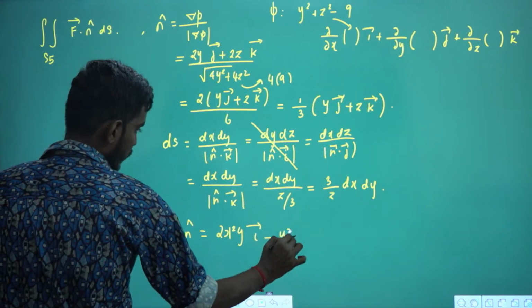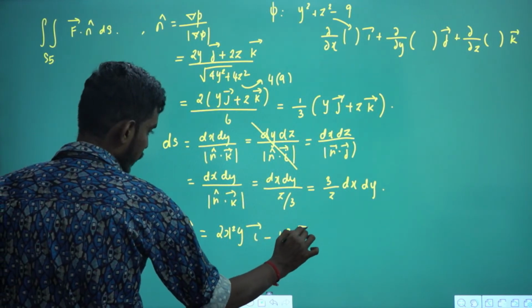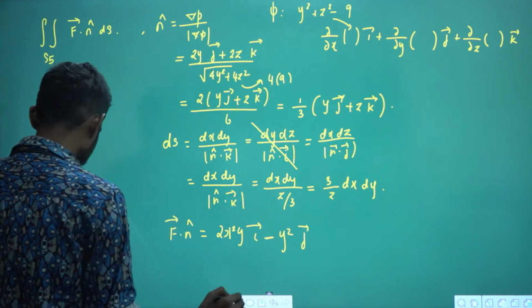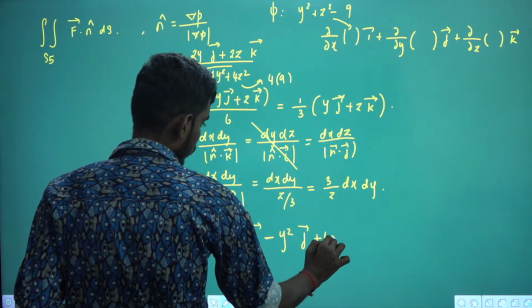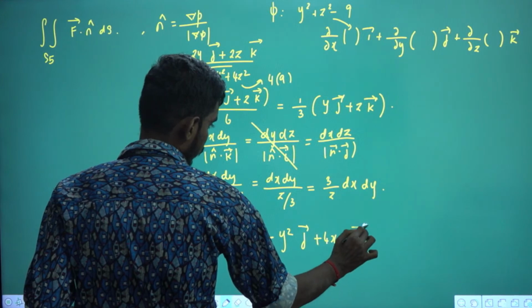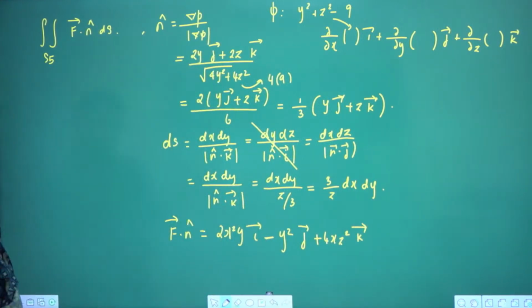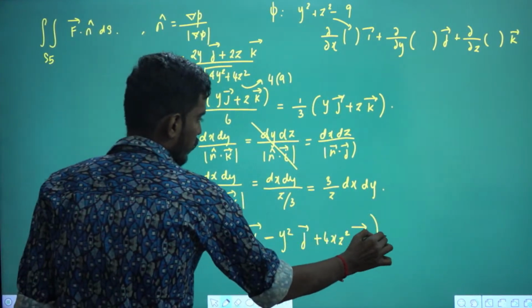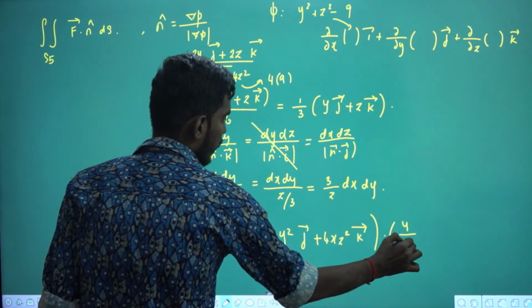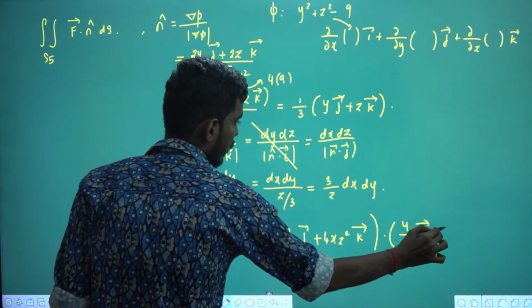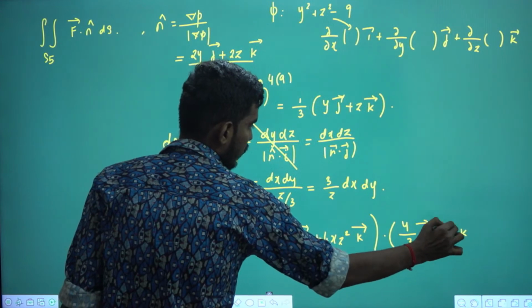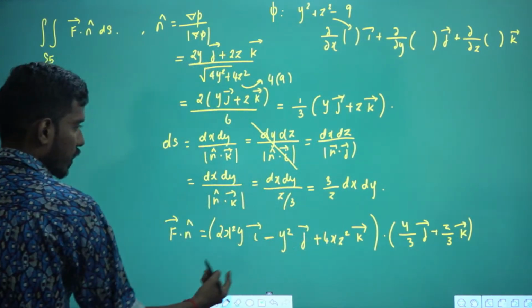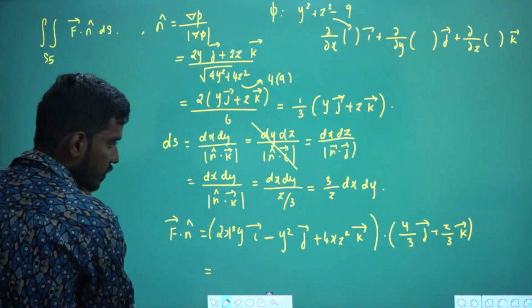See, for curved surface alone, you have to do it like this, right? I think it will be comfortable for you. Plus 4x z square k vector dot n cap. So n cap is y by 3 j vector plus z by 3 k vector. So make a dot product with this. I component is 0.